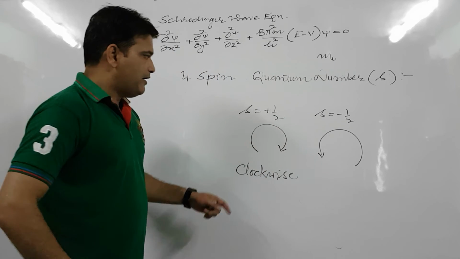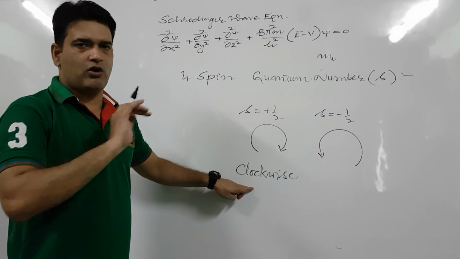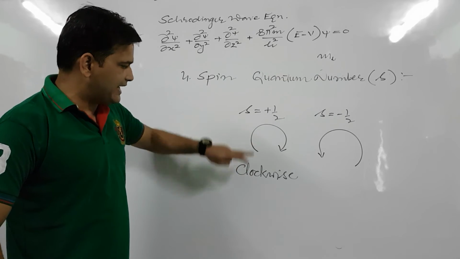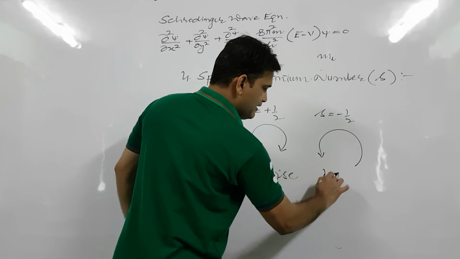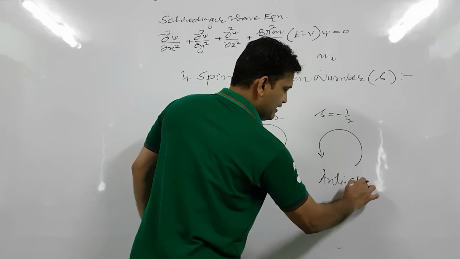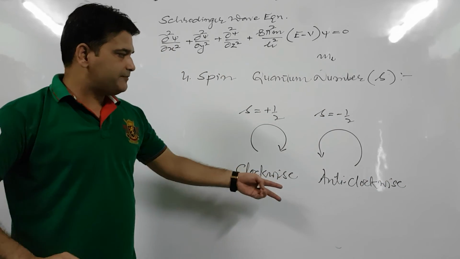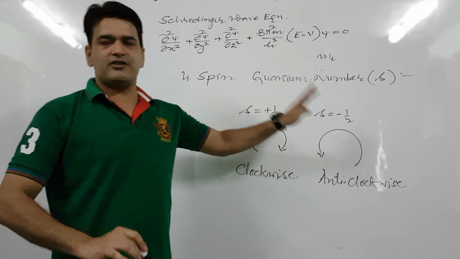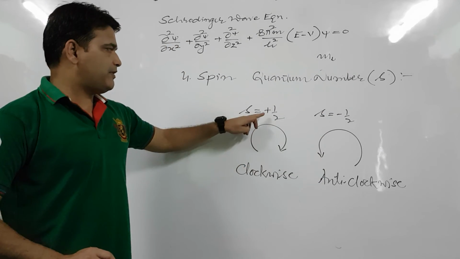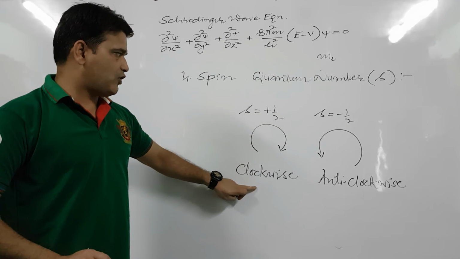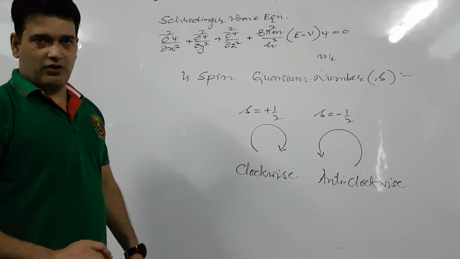For s equal to half, anti-clockwise spin is also possible, and for s equal to minus half, clockwise spin is also possible. However, this is the convention that for plus half we take clockwise and for minus half we take anti-clockwise.